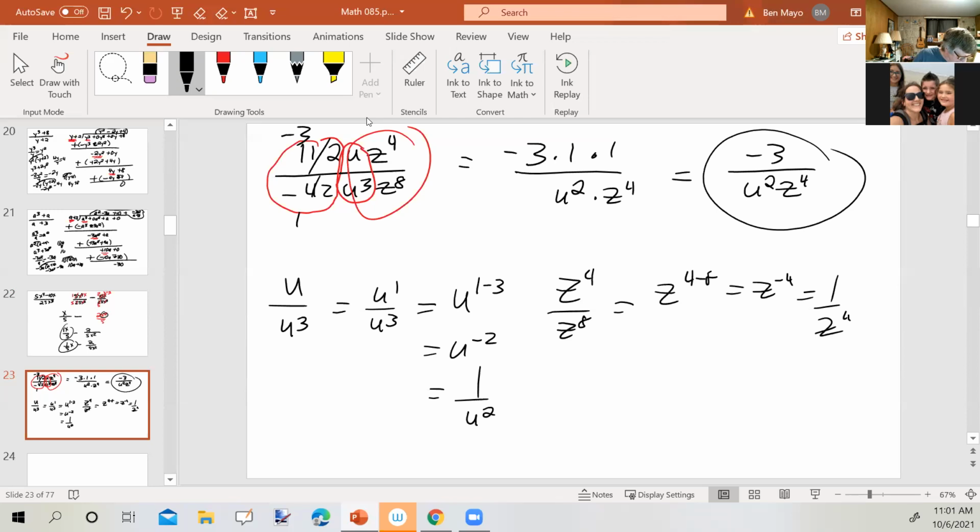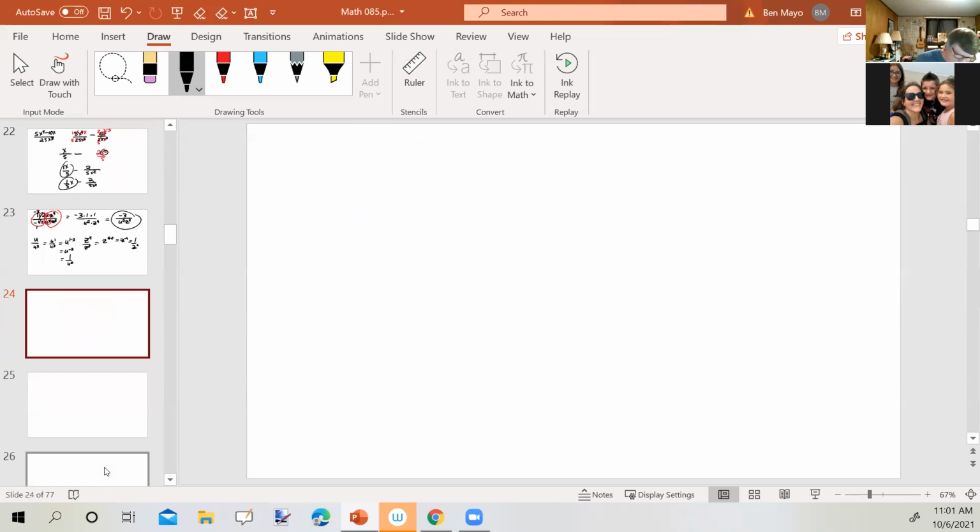Okay, let's see here. How about this one? 2x plus 3 divided into 7x squared minus 3 plus 4x plus 2x cubed.